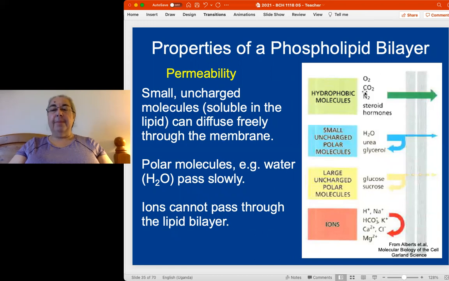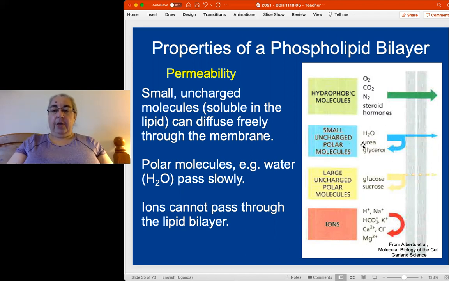But remember, because these molecules are hydrophobic, they don't dissolve very well in the watery part of the cell, so they can pass easily through the membrane, but there isn't very much of them dissolved in the aqueous part of the cell.